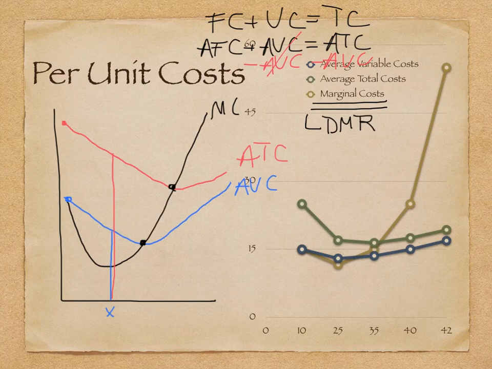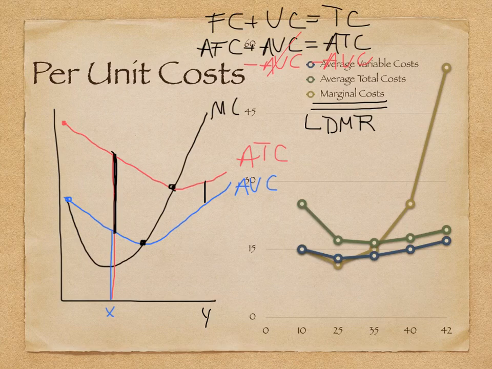That means the length of this line segment between the average total cost and the average variable cost curve is equal to the average fixed cost. And you'll notice that that is true throughout. If we look at the length of this line at good Y, it's notably smaller than the average fixed cost at good X. But that's to be expected because our average fixed cost is a diminishing function.